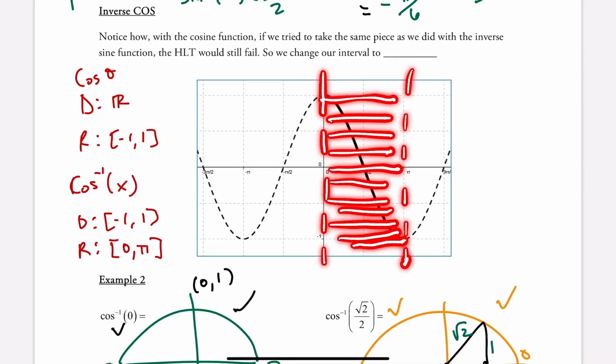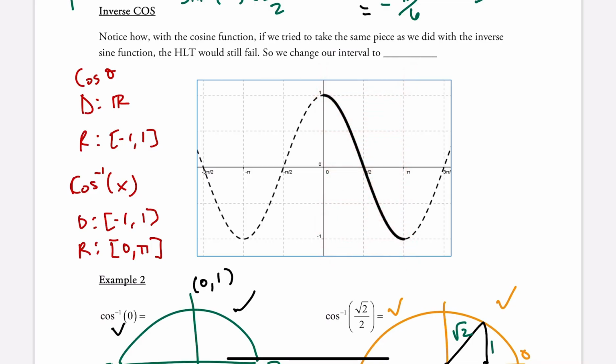If we exceed the right-hand side a little bit, or even a little bit to the left, it doesn't matter which one you choose, you'll hit the graph at 2 different points. So if we go out of these 2 bounds, 0 to pi, it will fail the horizontal line test. Therefore, we can't really talk about inverse cos past those points.